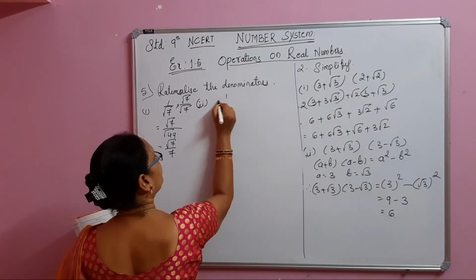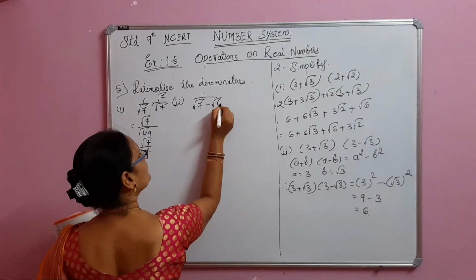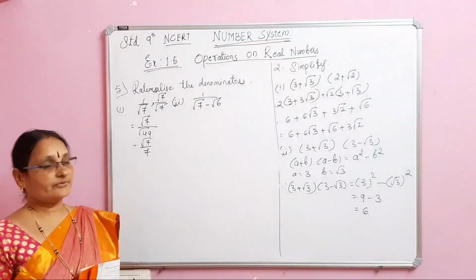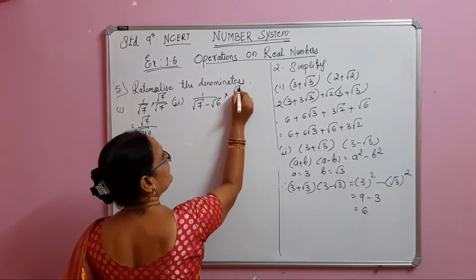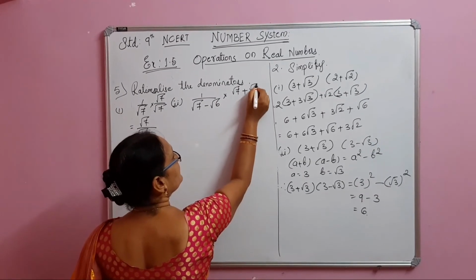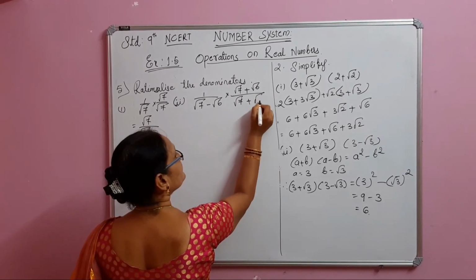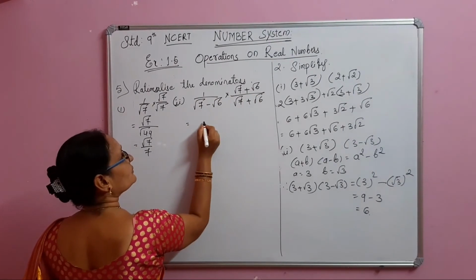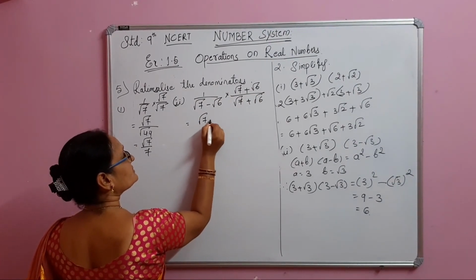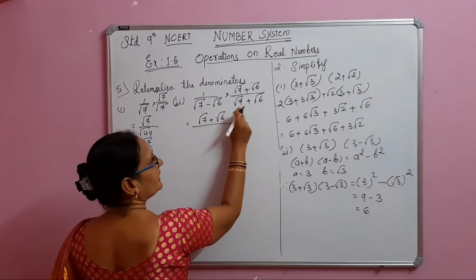The second one. See, 1 by root 7 minus root 6. We have to rationalize the denominator. How to do it? See here, if it is minus, we have to multiply by root 7 plus root 6, both numerator and denominator. Now see, 1 into root 7 plus root 6 is root 7 plus root 6, divided by this is a minus b, a plus b.